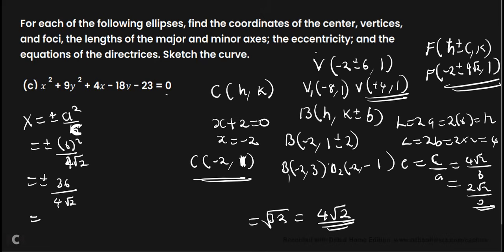I think even 4 can enter into 36. So 4 into 36, what's the answer? That is 9. Right? So it will be 9 over root of 2. Yeah. Now let's plot this one.